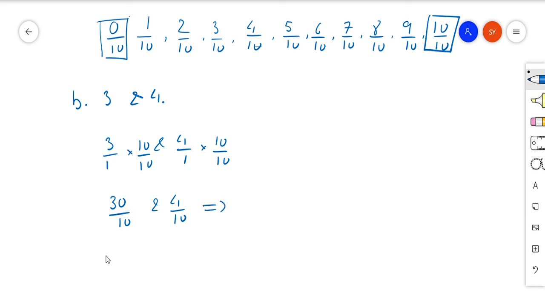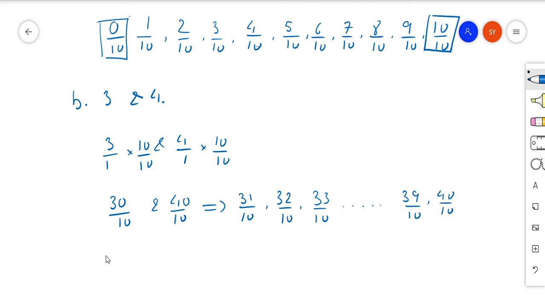So this will be 31 by 10, 32 by 10, 33 by 10 and so on. You can write till 39 by 10, because 40 by 10 would already be the number 4.